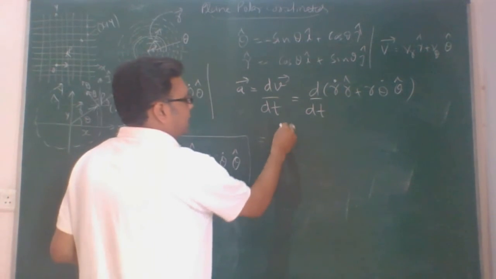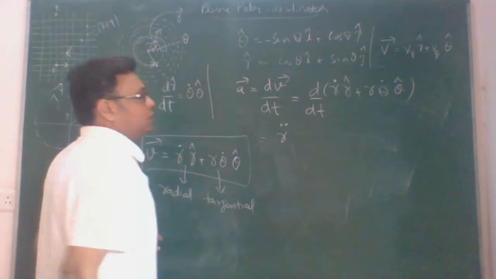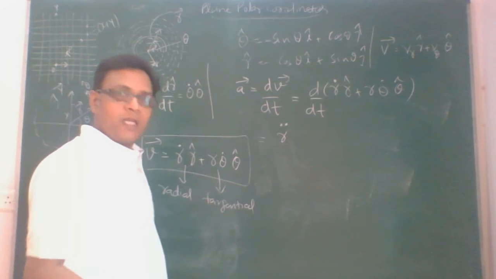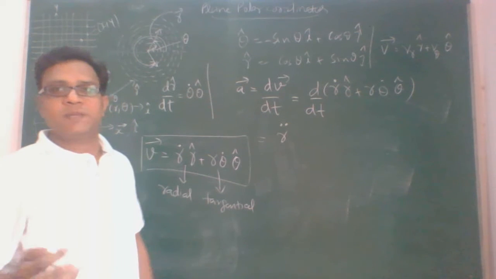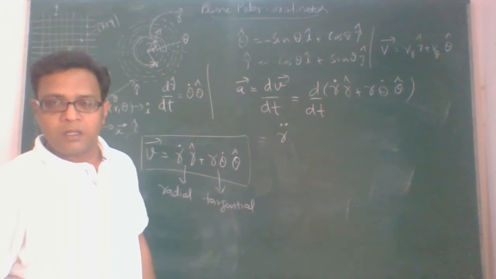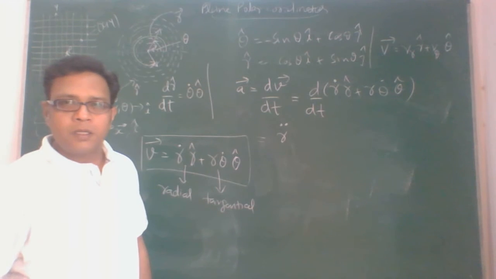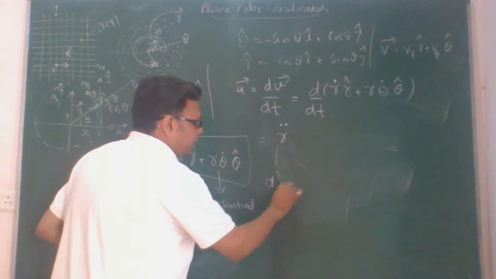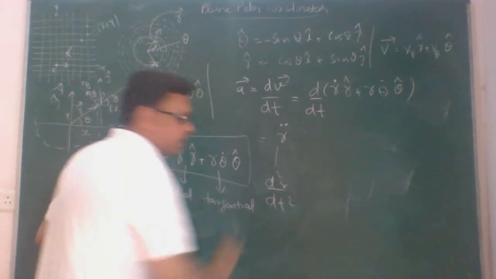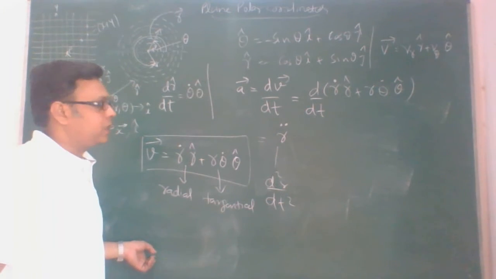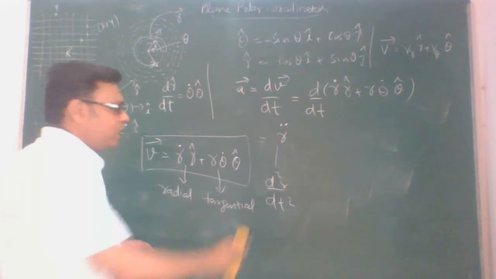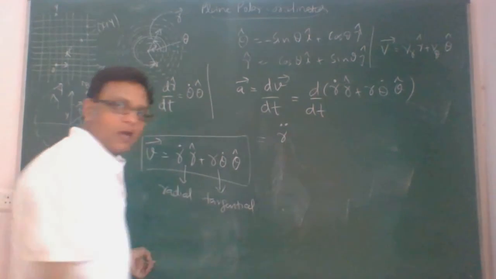So here basically I get r double dot. Hope you can understand, r double dot means what? It is basically the double derivative of r. We also write sometimes d square r by dt square. So to save some extra notation, I'm preferring to write it like r double dot.